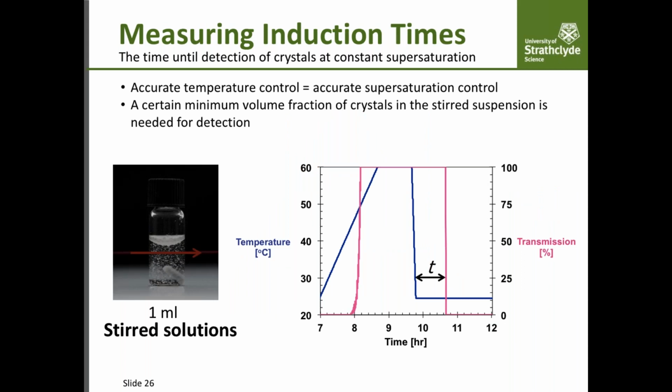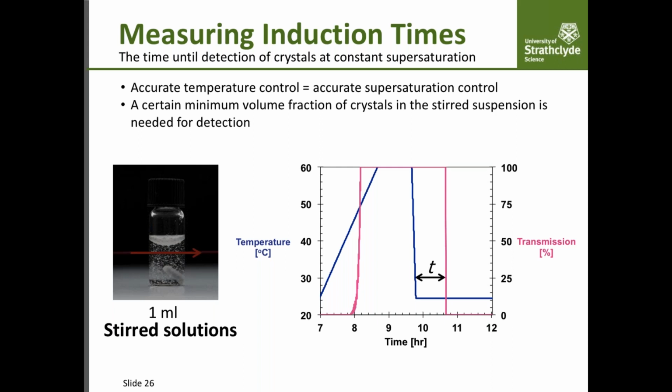So then we chose to measure induction times. Those are measurements of clear solutions at a constant temperature, where we just wait until we see crystals. A typical measurement is shown in the graph, where we have a clear solution at around 9 hours.